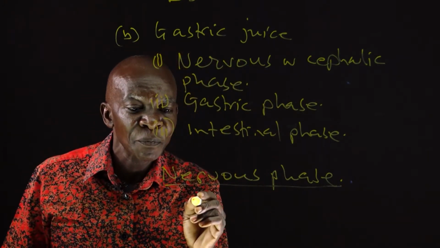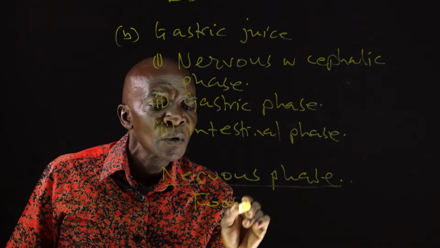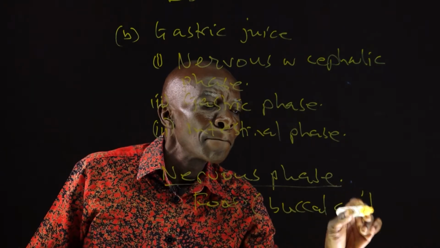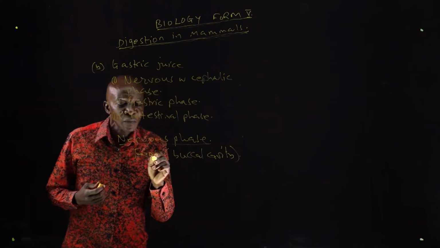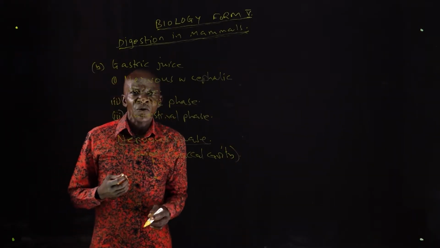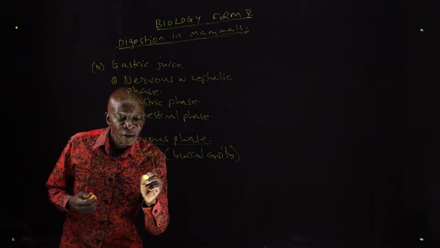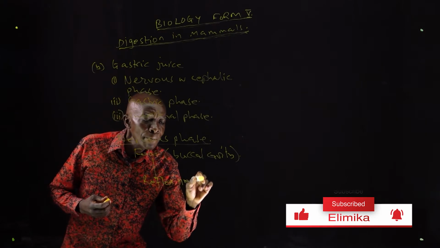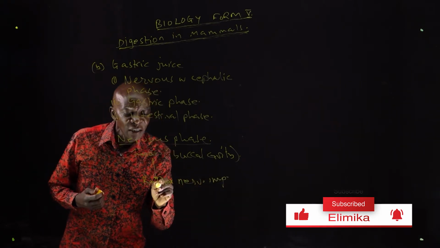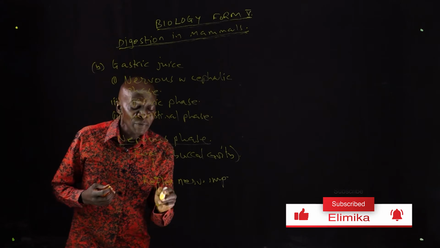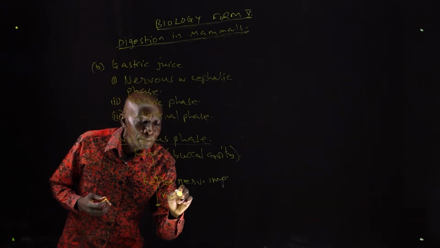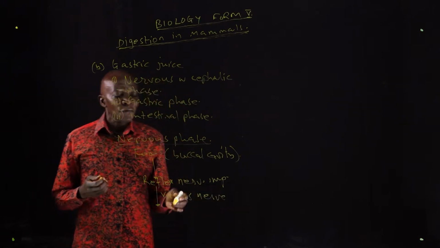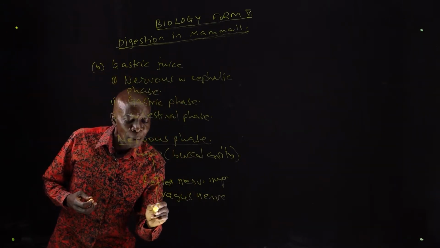So we have food in the buccal cavity, triggering reflex nerve impulses, and these are carried by the vagus nerves from the brain to the stomach.